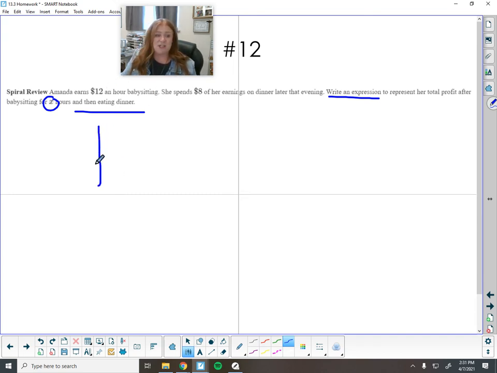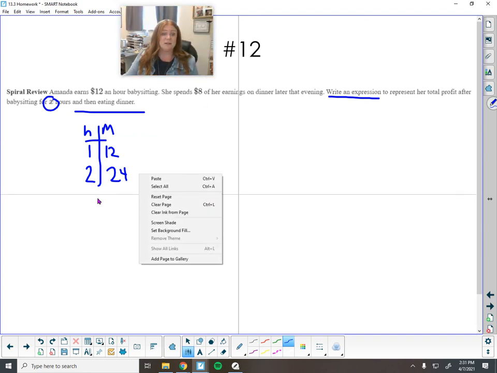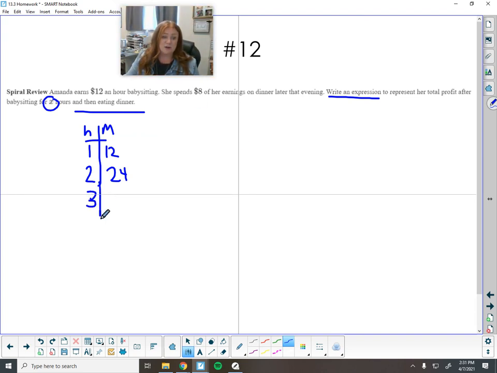So this is representing her hours and this is representing her money. If she babysits for 1 hour, she earns $12. If she babysits for 2 hours, she earns $24 and so on. If she babysits for 3 hours, she would earn $36.